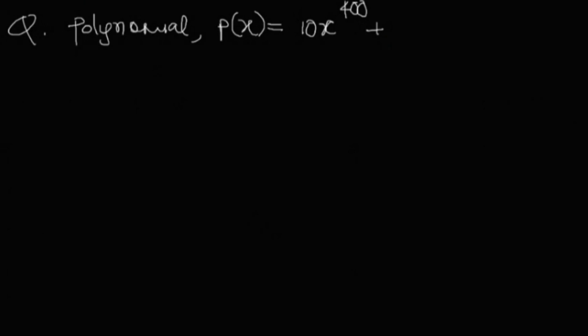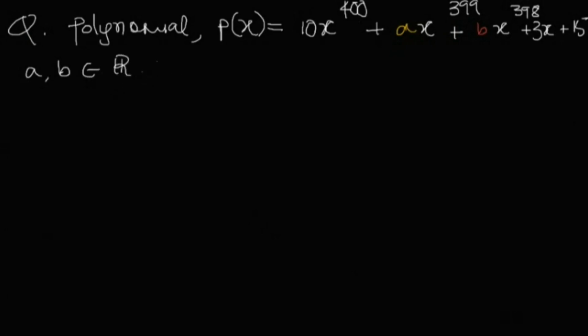So you have a polynomial p(x) which looks something like 10x^400 + ax^399 + bx^398 + 3x + 15, and a, b belong to real numbers.